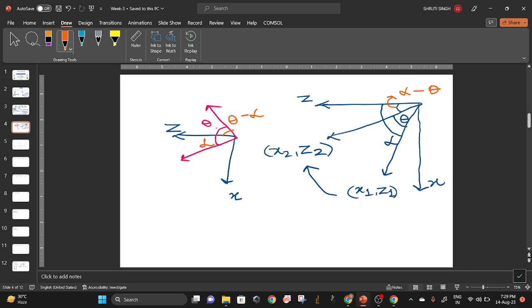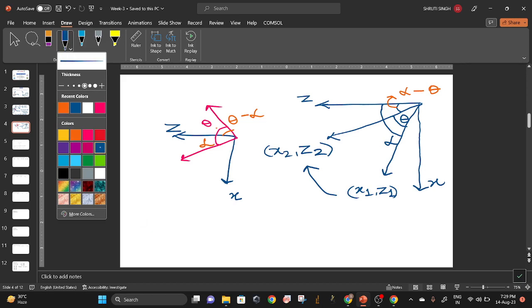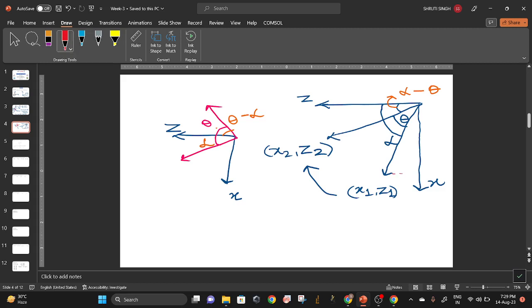Now x1 is L sin alpha. What will this angle be? That angle will be 90 minus alpha.